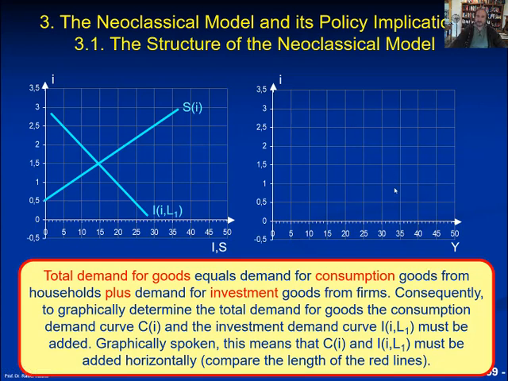On the right-hand side we have the market for goods with the consumption demand of households. We know, however, that consumption demand of households is only one component of total demand. The other component is demand for investment goods.